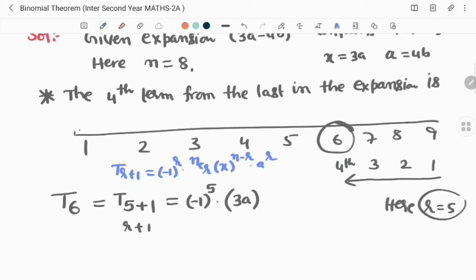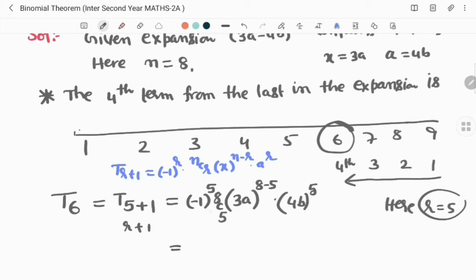So minus 1 whole power 5, 3a. Before that nCr, what is nCr? n value 8. 8c5, 3a power 8 minus 5 into a value is what? 4b whole power 5.